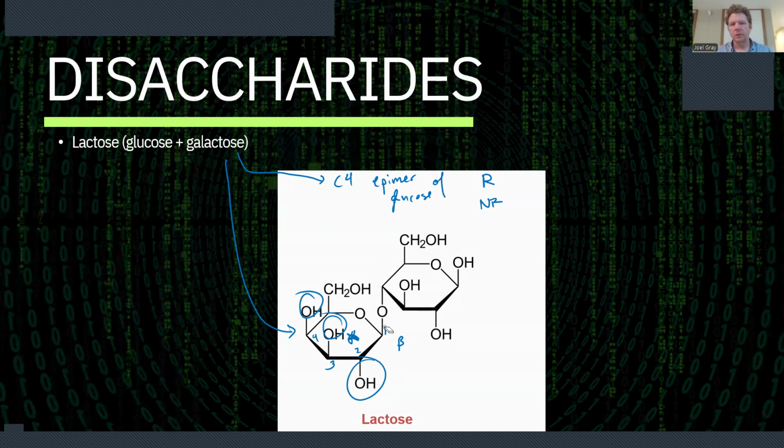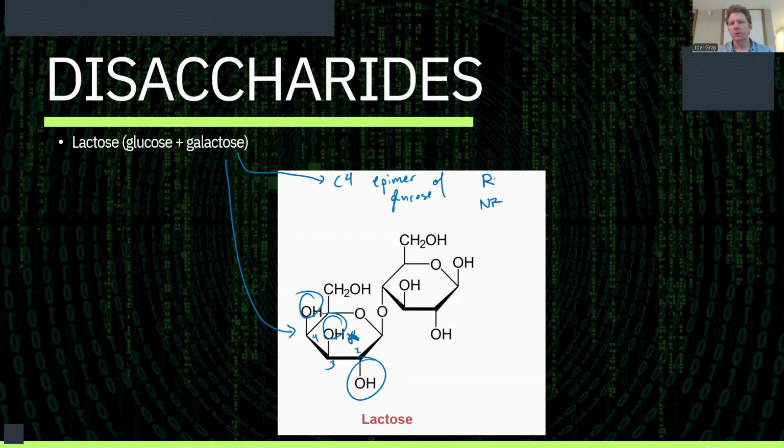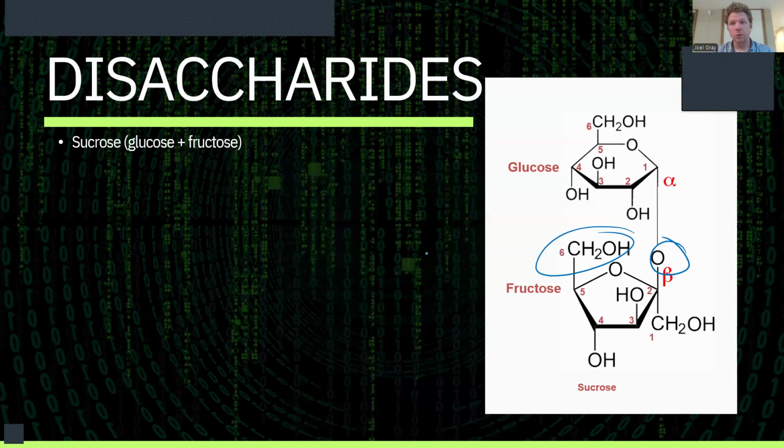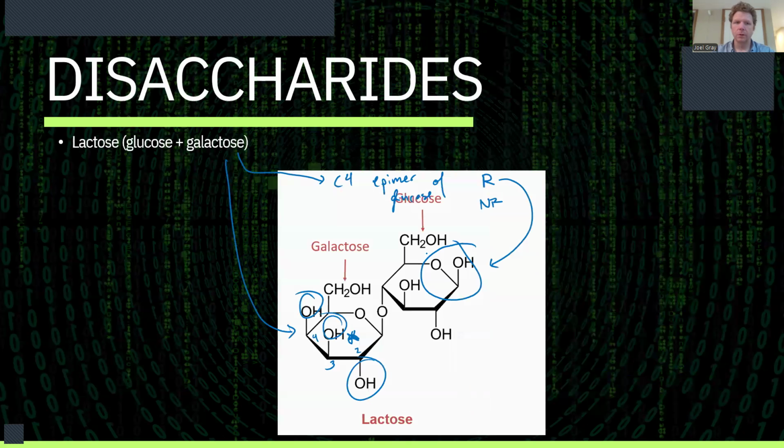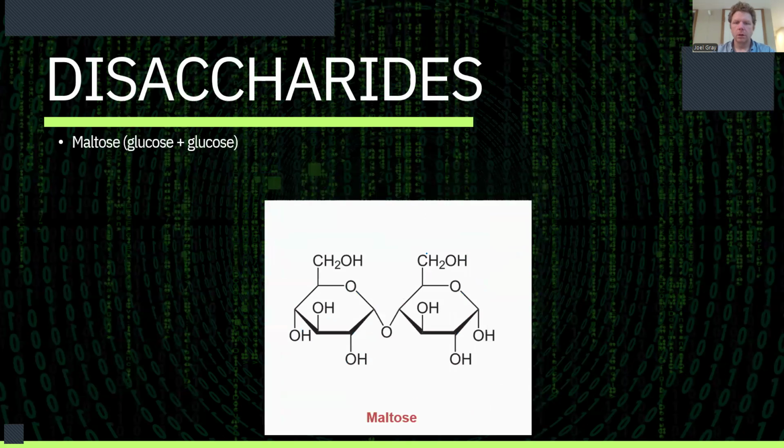Now, the next question: is this a reducing or a non-reducing sugar? This is a reducing sugar. What's the criterion for defining something as a reducing sugar? It's got a free anomeric carbon right there. So lactose is reducing, sucrose is a non-reducing sugar, and lactose has a beta 1,4 glycosidic linkage.